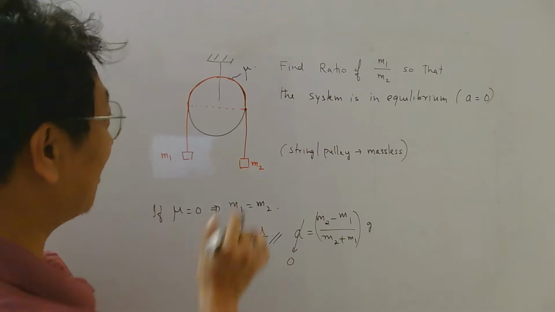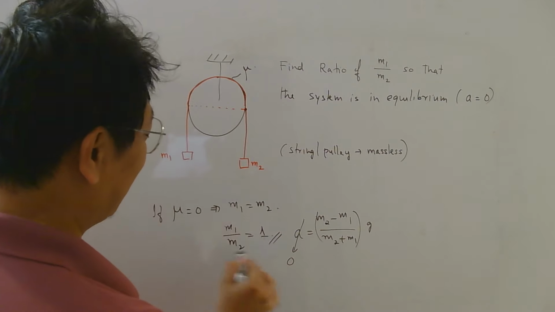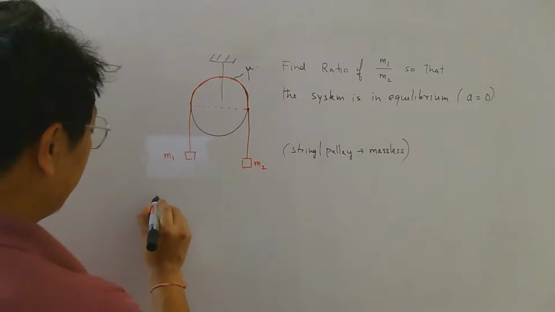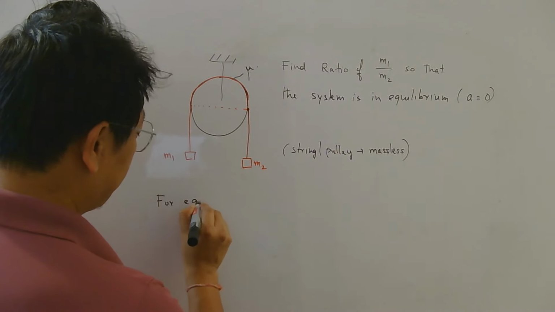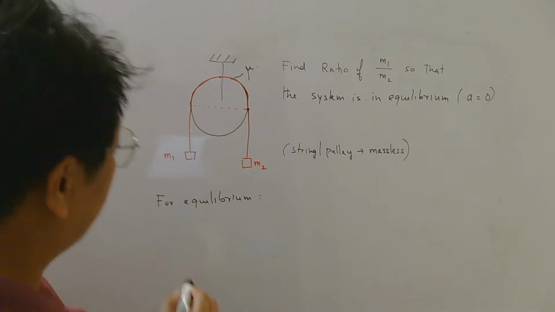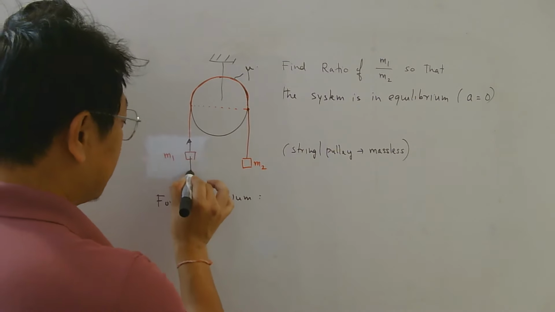But here, there is a friction coefficient mentioned, right? So we cannot say the ratio is equal to 1, remember. Now for equilibrium, net force on the system should be 0. For this block, the tension should balance the weight.